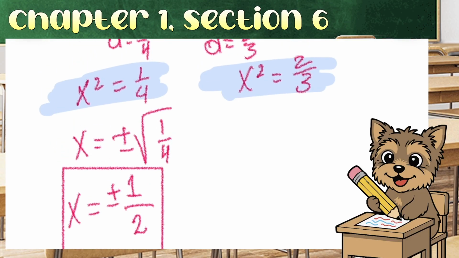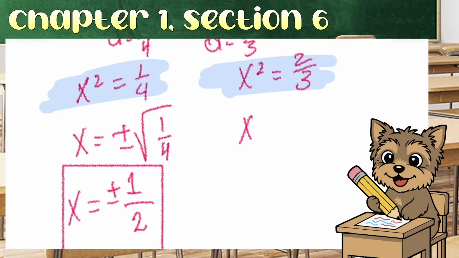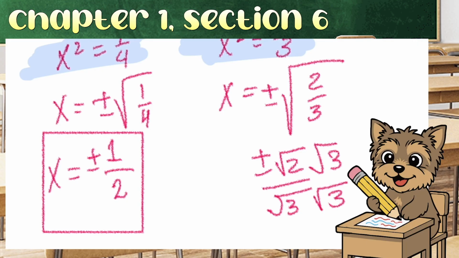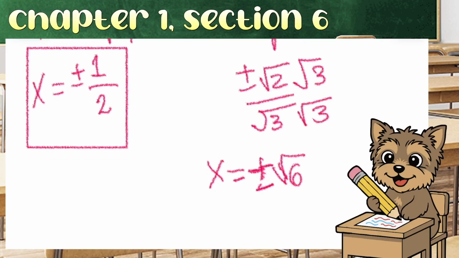And then here it's going to require a little rationalizing. x equals plus minus the square root of 2/3, which is really the same as plus minus root 2 over root 3. And we're going to rationalize like that. So x equals plus minus root 6 over 3.